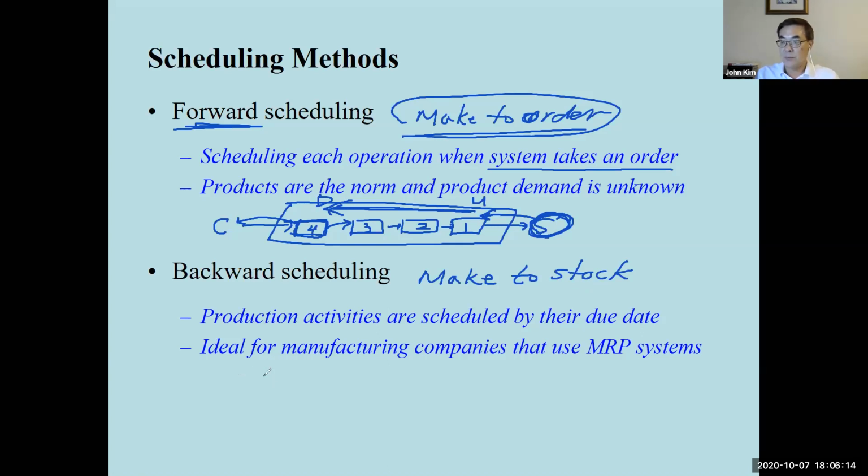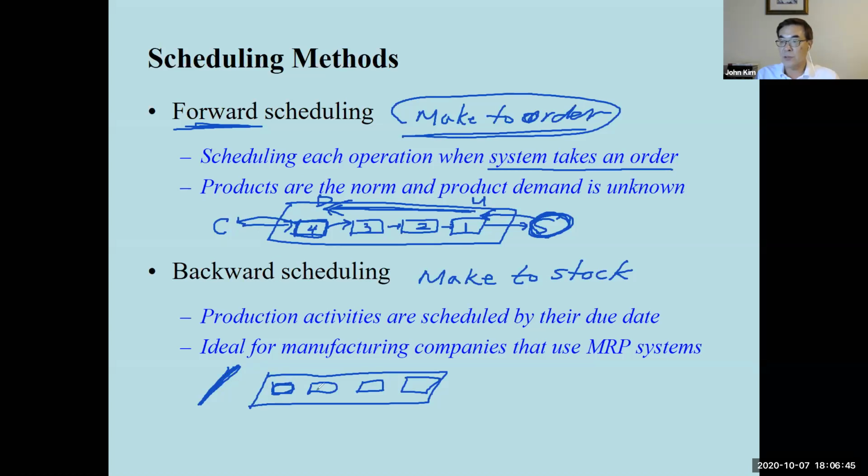For activities or jobs, they know the due date. So to meet this due date, if this one takes 10 days, this one starts 10 days earlier than the due date. So this one knows the schedule.